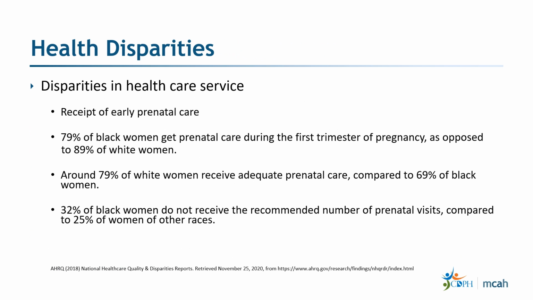Implicit bias is directly linked to health disparities. The unconscious assumptions affect what symptoms are acknowledged or ignored, what treatments are offered or withheld, and the results are detrimental. Pregnancy-related mortality is 3 to 4 times higher among Black women than white women, even when education and socioeconomic status are taken into consideration.